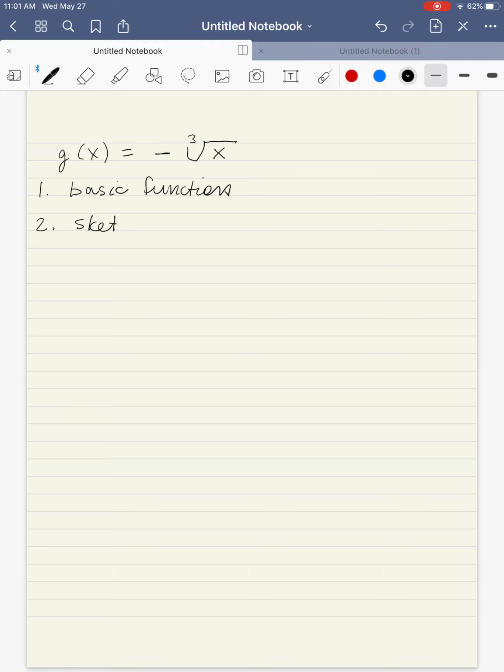Sketch that basic function, plotting at least 3 points. List the transformation, and be specific about direction or axis, and then sketch g of x. So I want you to pause your video, try this example, and then turn the video back on.